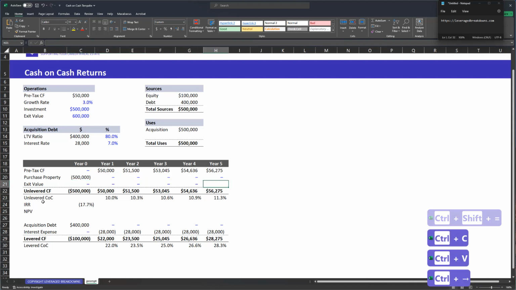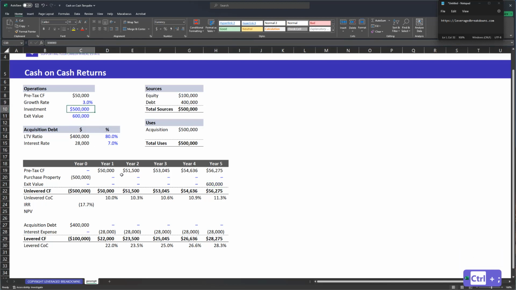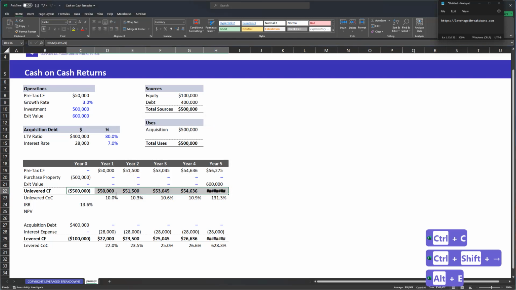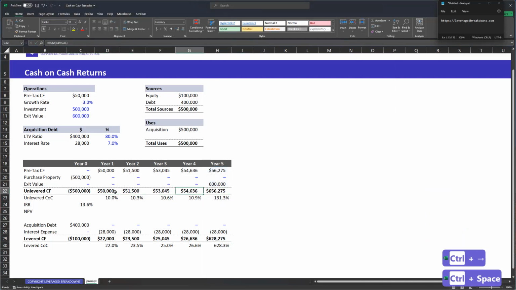Now, let's just throw it there. You'll probably notice it gets a bit clunky if you want to change your timeline, and you have to be careful with these sum formulas when they're done like this because it may not automatically be included depending on where you add the new row. So let's add the exit value. You can see that gave us a lift in IRR to 13.6%.